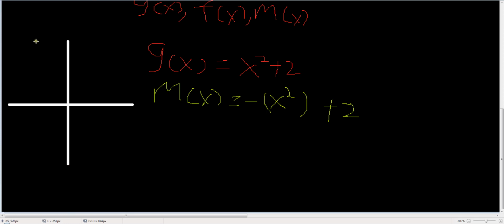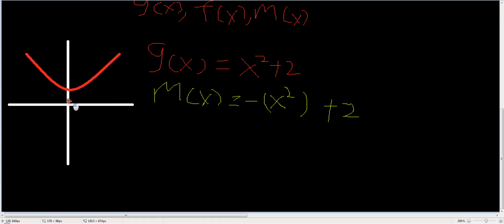And we want to draw a curve. Let me see how to do a curve in this program.